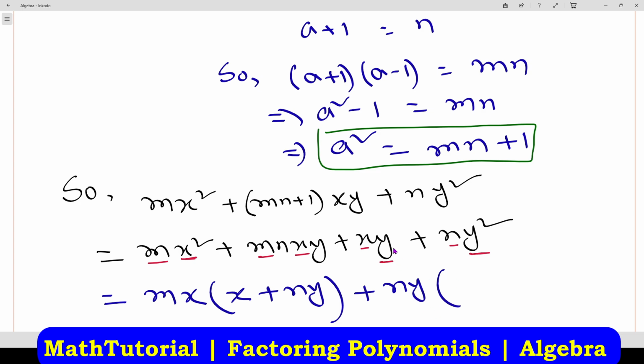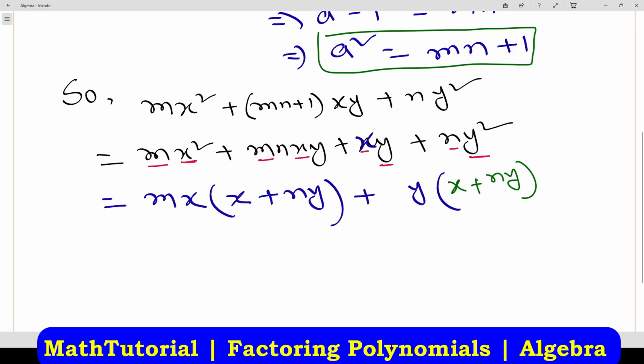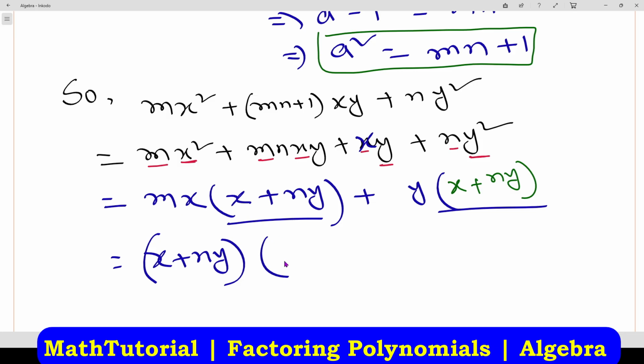If we take common only y, be careful, mistakes are possible, so we have to be very careful. So if we take common y, it will be x and ny. Now finally we can take common x plus ny, and here is mx plus y.